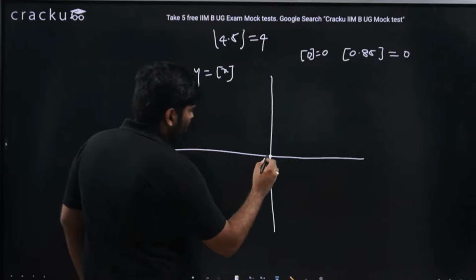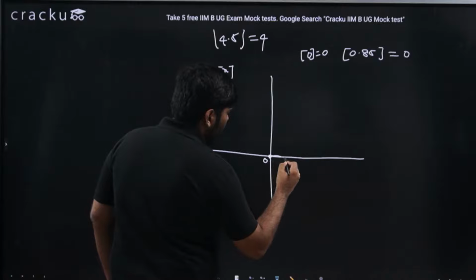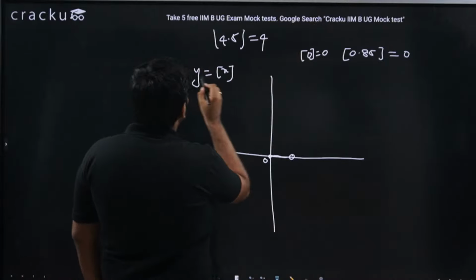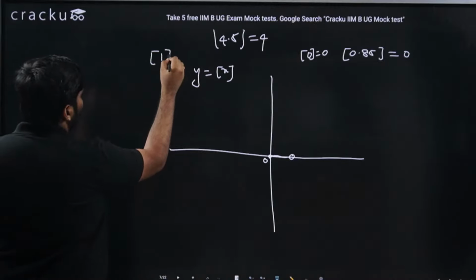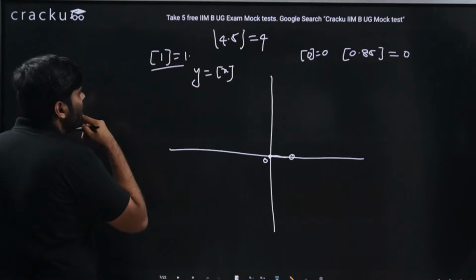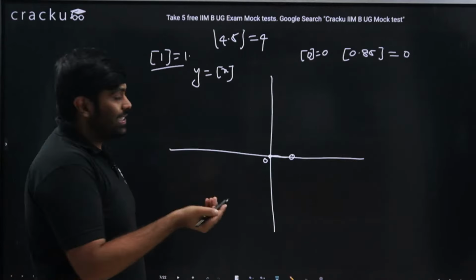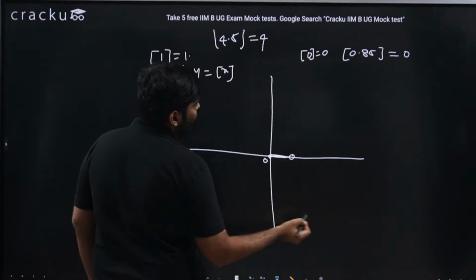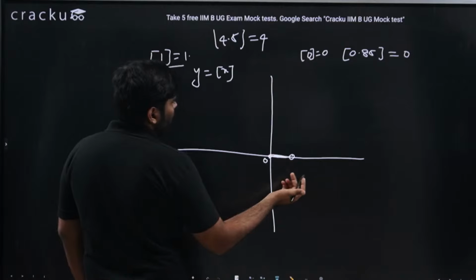So from 0 till 1, I would put an open circle, because at x equal to 1, step 1 is equal to 1. It is not 0 because it is an integer. So any number between 0 and 1 gives 0, but exactly at x equal to 1, it should be 1.